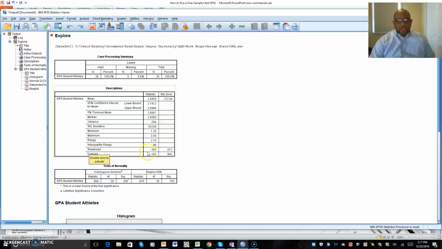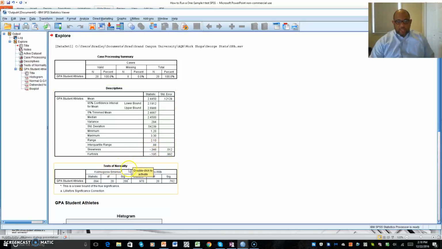We can see under skewness, if this number is between -1 and +1, it's normal. Kurtosis, between -2 and 2, it's normal. So with the descriptive information, it passed the normal test.